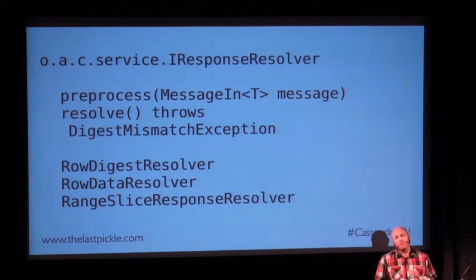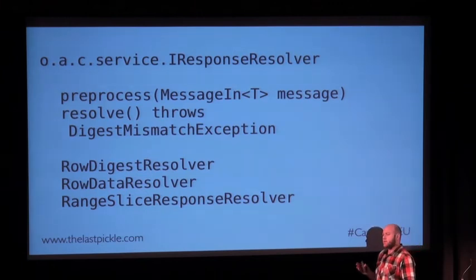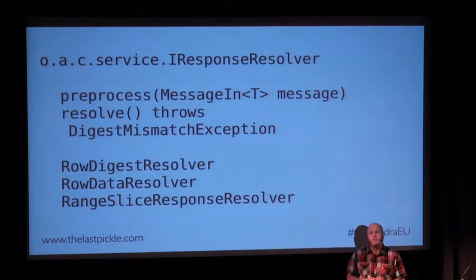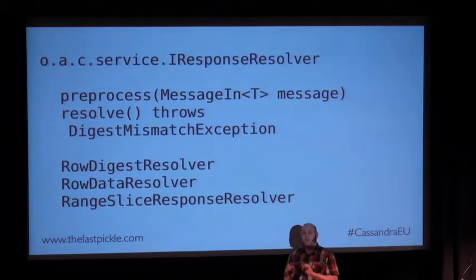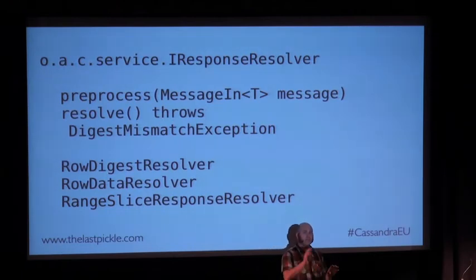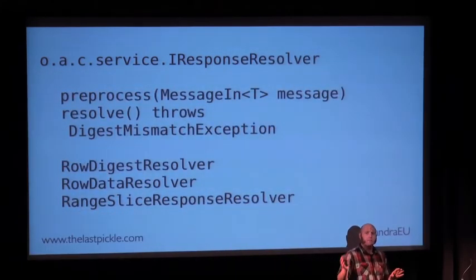And when they don't match and we get a digest mismatch exception, we run the read a second time. And this time we ask all the nodes involved to return their data. And we use the row data resolver. And this guy uses the timestamps and works out the correct result that we're going to send back to the client. It works out the delta between that correct result and all the nodes that participated in the read, and sends mutations to those nodes so they update themselves.